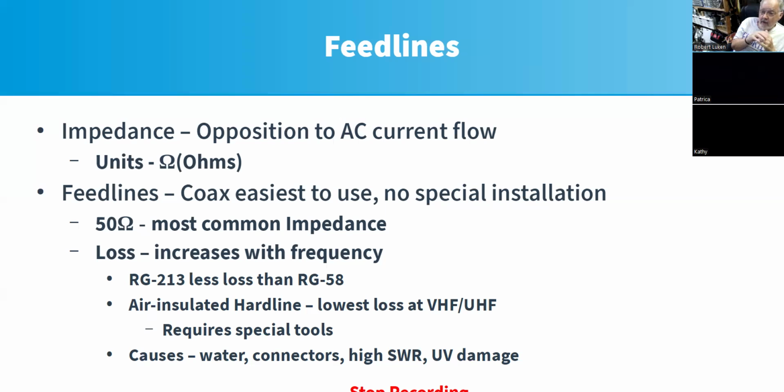If you want to have the lowest loss up at the high frequencies, and that's usually how you connect the repeater to a repeater antenna, you use what's called hardline, which is like copper tubing with a center conductor that may be separated with a little spiral insulator, so it's essentially air as the dielectric, or it could have some foam.